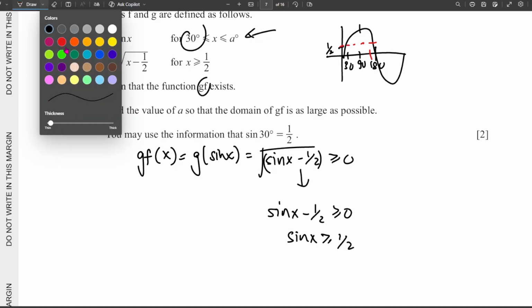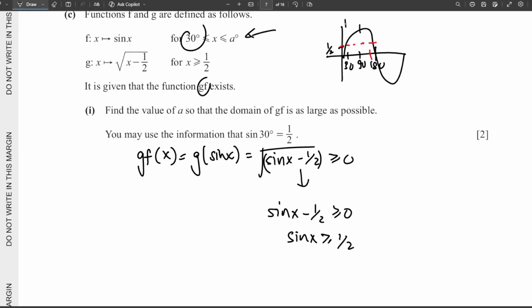So wherever x is between these two values, sine x will be greater than or equal to 1 over 2. That is the allowable value of x such that sine x fits the domain of g, so that this function exists.